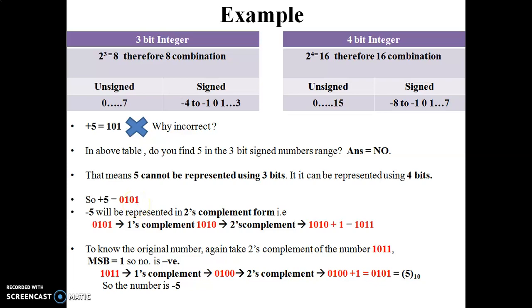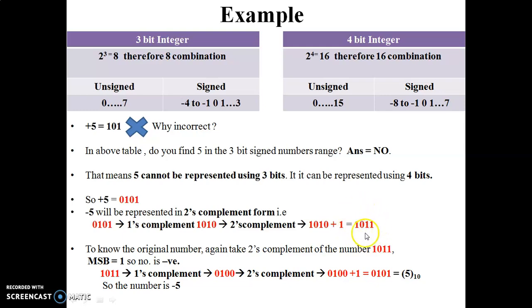And how will -5 be represented? -5 will be represented in its 2's complement form, because the number is negative. For that, first we need to take its binary representation, which is 0101, then convert it into its 1's complement form, which is inverting, that is 1010, then add 1 to it to get its 2's complement form, which becomes 1011.